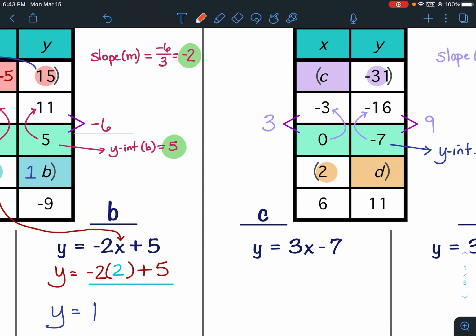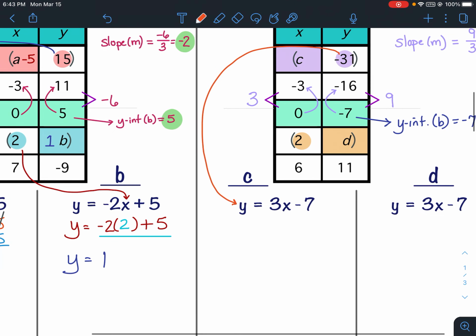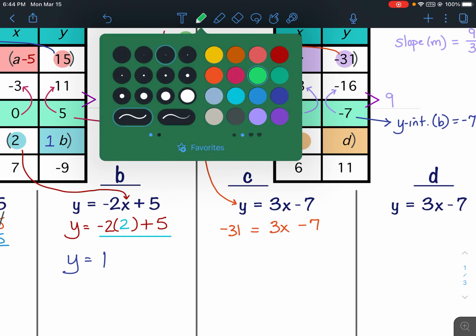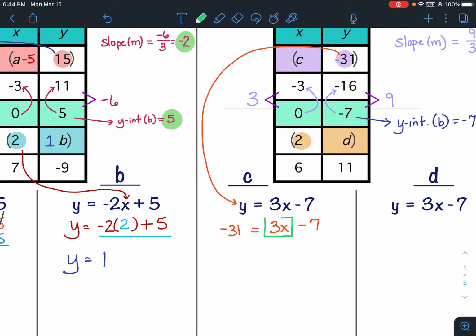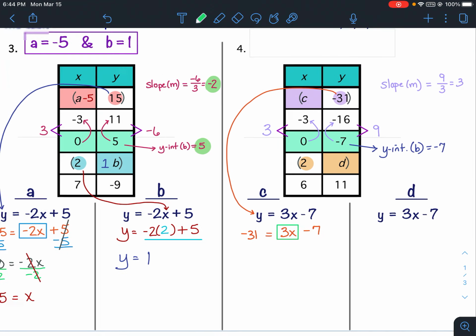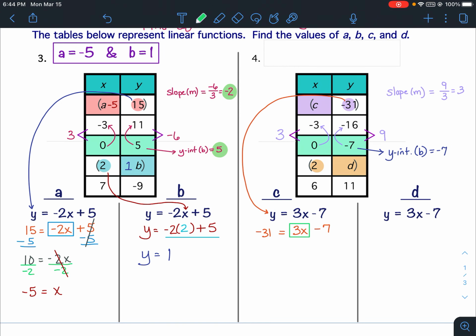So I'm going to take that -31 and I'm going to plug it in for y. And now this is a two-step equation. You're going to finish that. After you solve for x, go ahead and put it in the box beside the c.